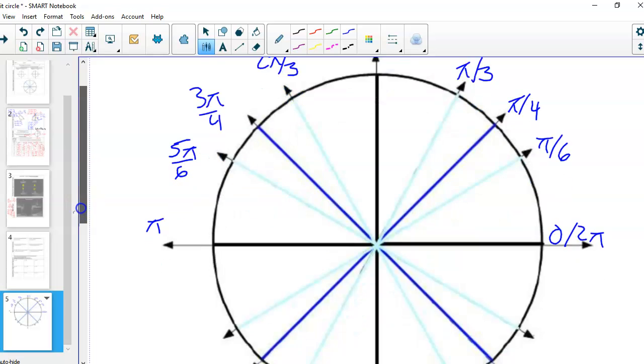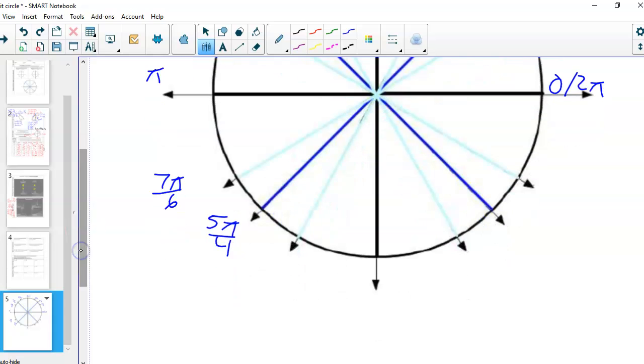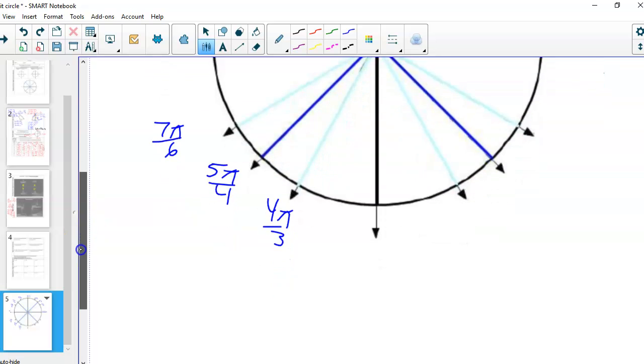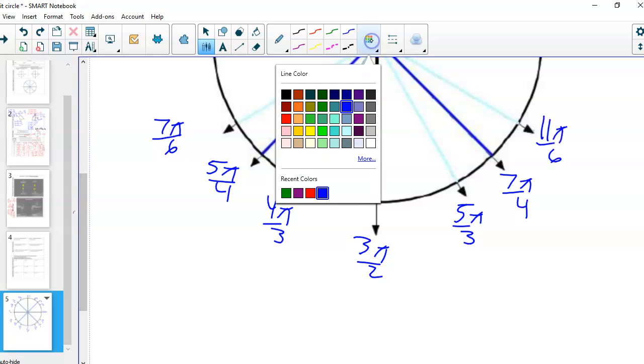This is pi. 7 pi over 6. 5 pi over 4. 4 pi over 3. 3 pi over 2. 5 pi over 3. 7 pi over 4. And 11 pi over 6.